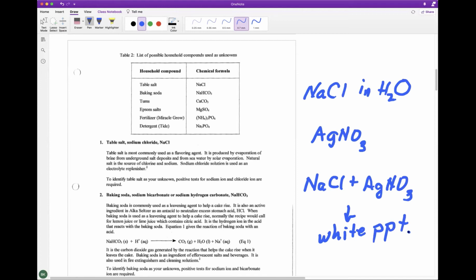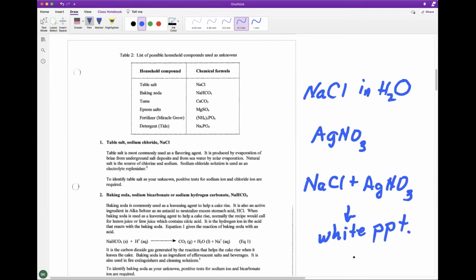So that's a very well-known reaction. I know that if I have anything that has chloride ion in it, and I add silver nitrate to it, I'm going to get a solid white precipitate. So that gives me a way of testing for if something has sodium chloride in it. We took pure water, added silver nitrate to it, and there was no reaction.